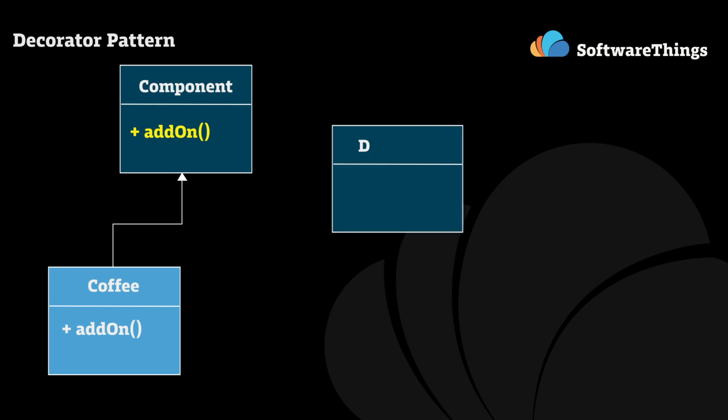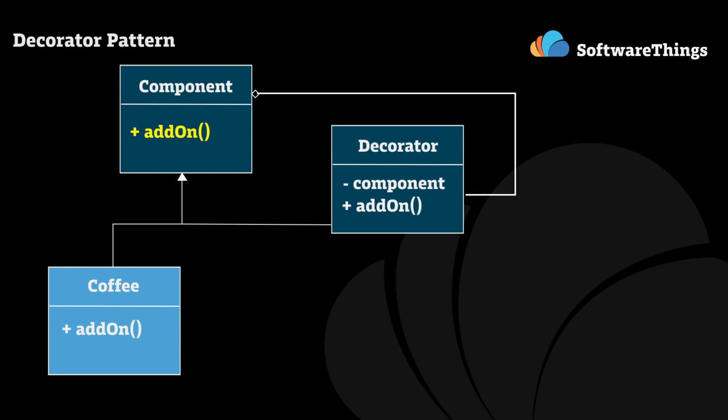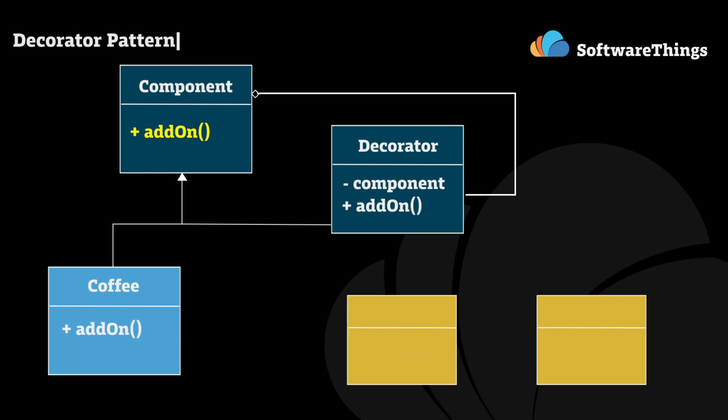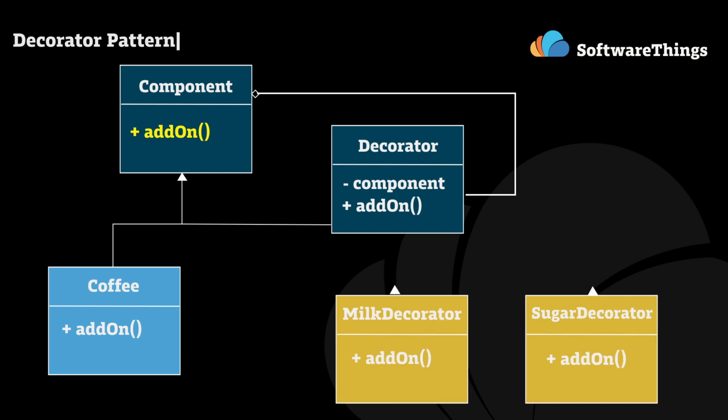A decorator interface that contains a reference to a component object, and it has to implement the component interface. 4. A set of concrete decorator classes that implement the decorator interface. 5. Finally, the component can be enhanced with different decorators in the client code without modifying the component object itself.